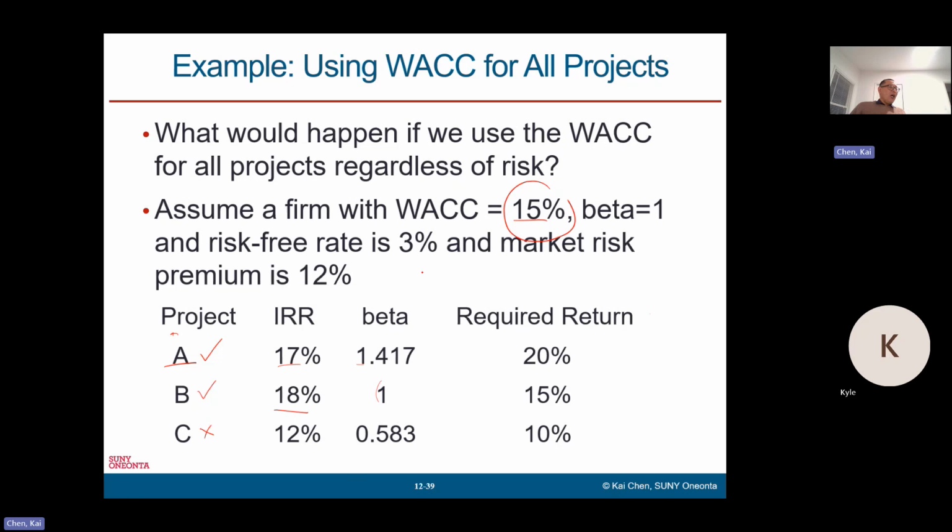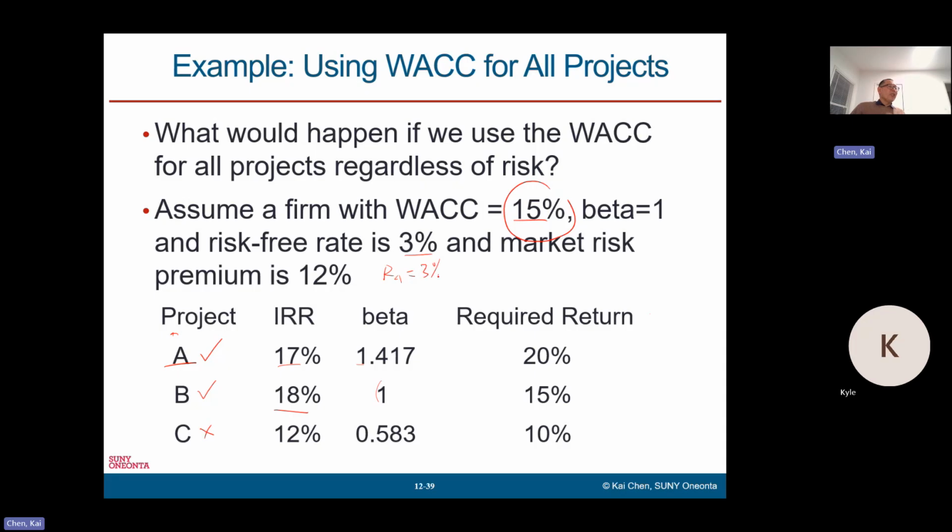I use RA to represent the required rate of return on project A. Then that is the risk-free rate. What is the risk-free rate? It is 3%.